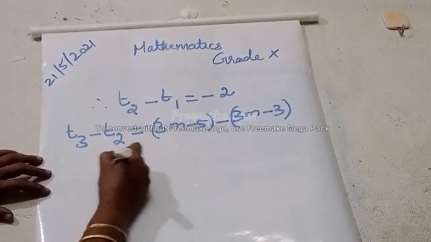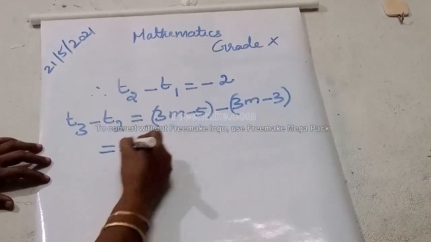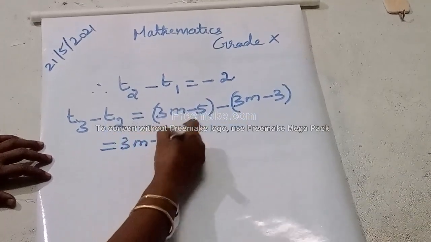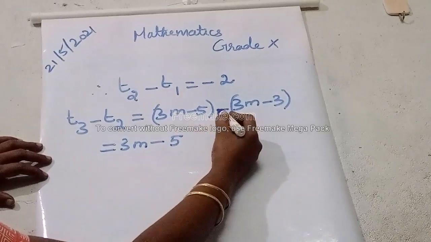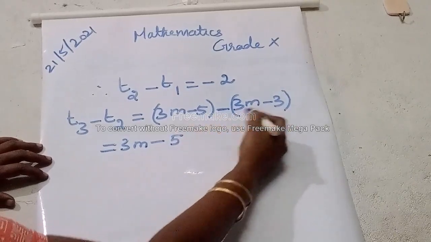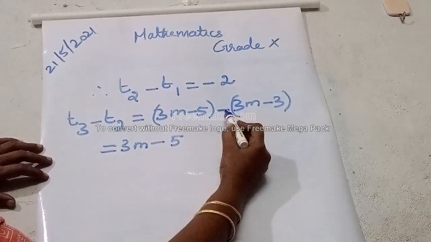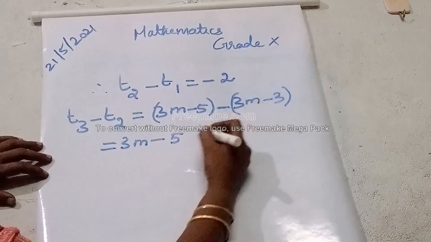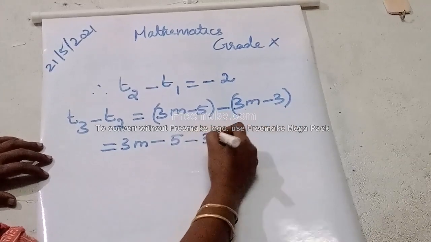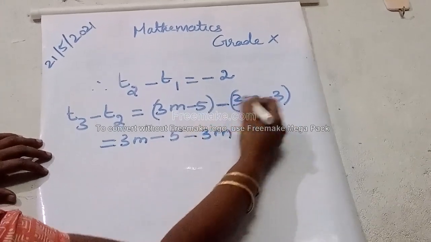Now, let us remove this bracket, which is equal to 3m minus 5. Before removing, there is a minus common for both the terms, so we should multiply the minus with these two terms. Minus into 3m we have minus 3m.